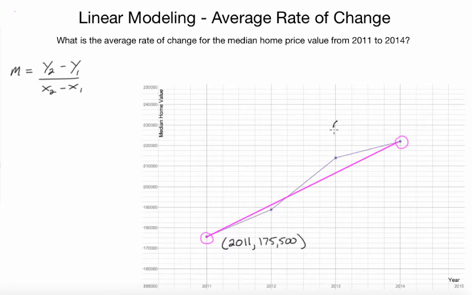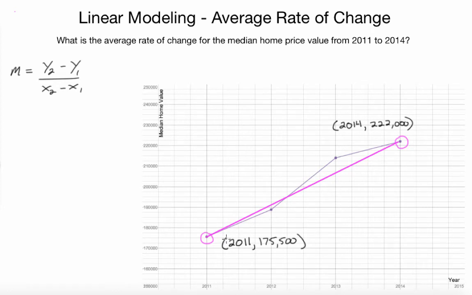This is the year 2014, and if I interpret this value, there's 220,000. It jumps up another bit, so I'll call it about 222,000. Again, we're just interpreting it off a graph. You could also research this data. I just took it straight from the census.gov website.